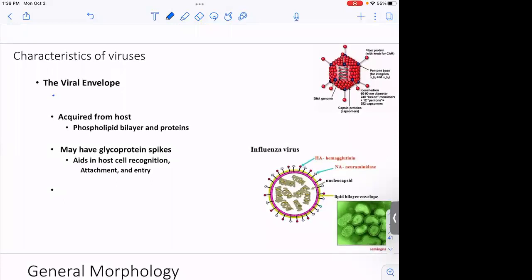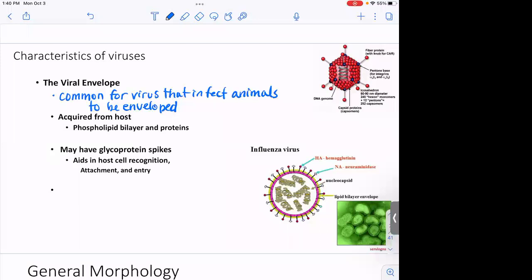A little bit more about that viral envelope. Which cells have them, which cells don't? Commonly, it's common for viruses that infect animals to be enveloped. And by animals, I include humans in that. So commonly the viruses that infect us do have a membrane.